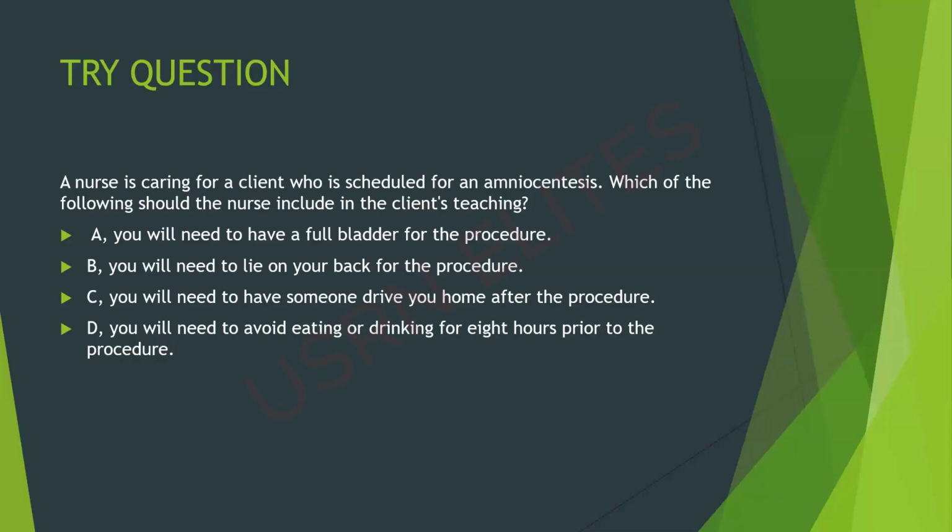Is it first trimester or second trimester? 15 to 20 weeks is the second trimester. That's when we do amniocentesis, at 15 to 20 weeks of gestation.